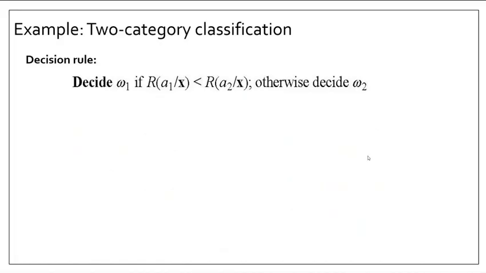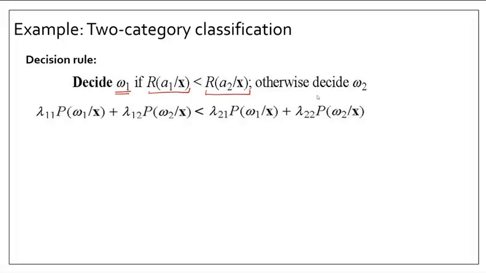Now what is my decision? Decide omega 1. So take the decision in favor of omega 1 if the risk of alpha 1 given x is less than the risk of alpha 2 given x. Otherwise, decide omega 2. So this is the simple rule that we are following now.